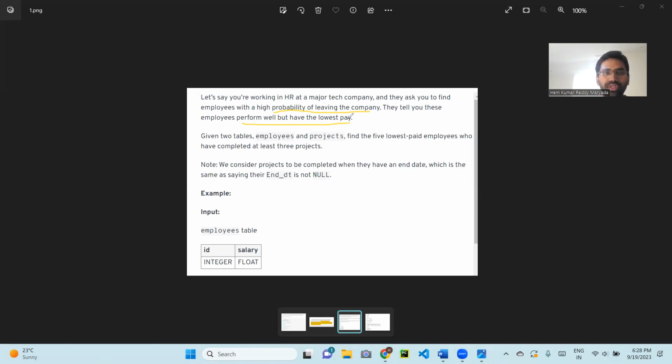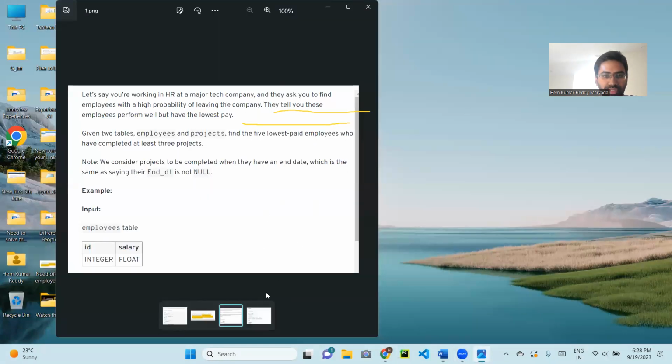So given two tables, employees and projects. There are two tables. This is the employee table, and the next picture has the project table. Give me 1 second.